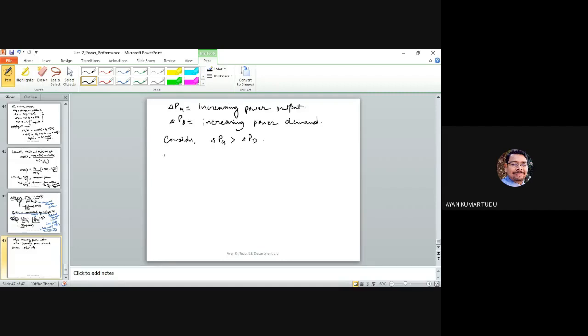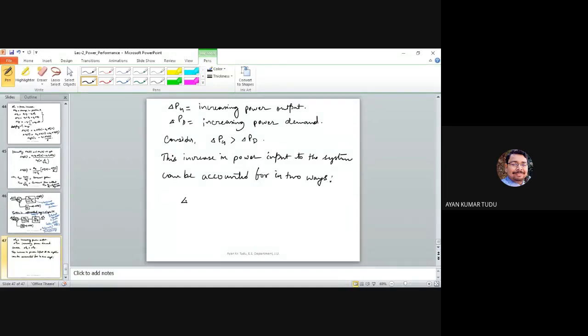So this increase in power input to the system can be accounted for in two ways.